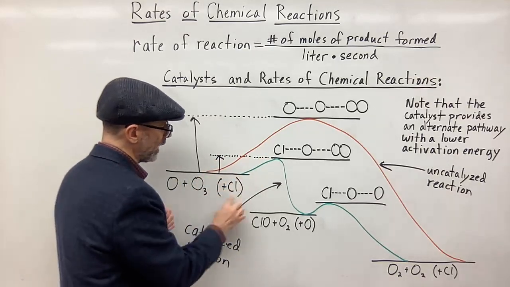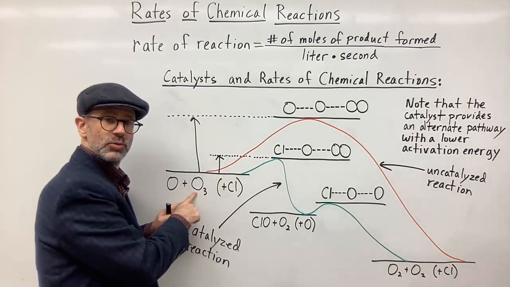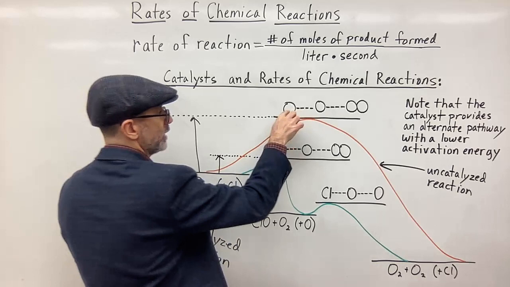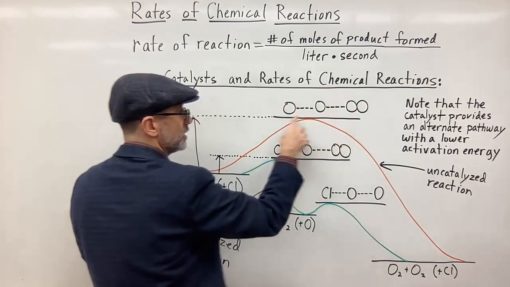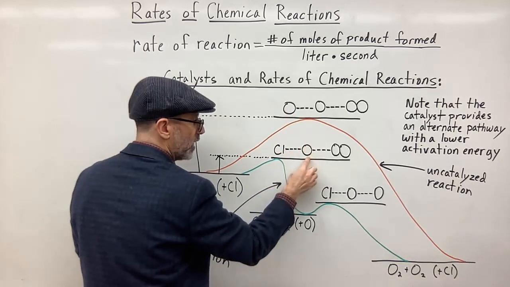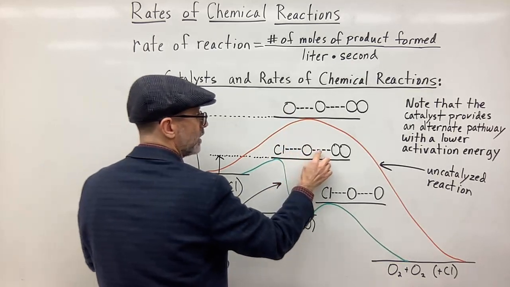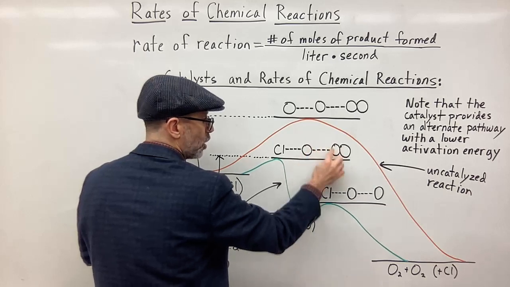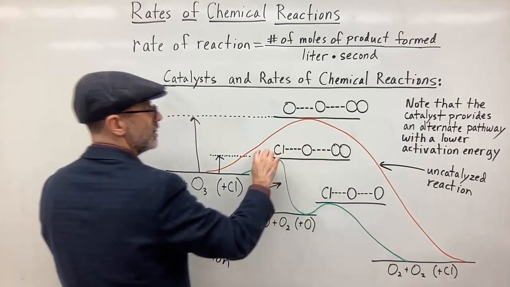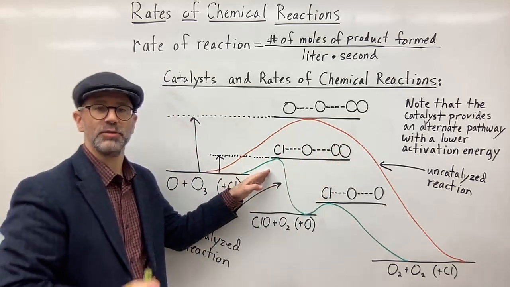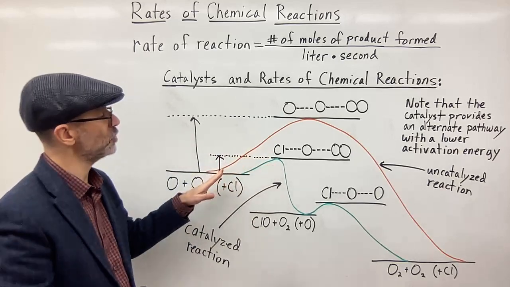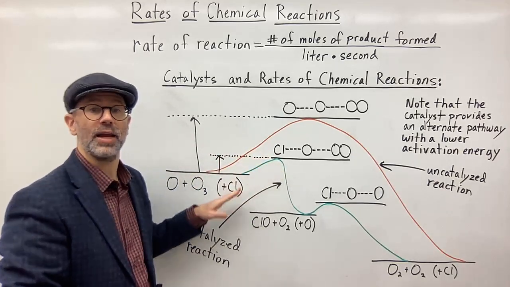The chlorine atom reacts with the ozone here. Just like you have the activated complex here with oxygen, here you have chlorine starting to form a bond with one of the oxygens of ozone, and then the oxygen bond here is breaking. So you've got the activated complex. This activated complex doesn't require as much energy, so it's a lower activation energy, and so this is going to go a lot quicker and a lot more easily.